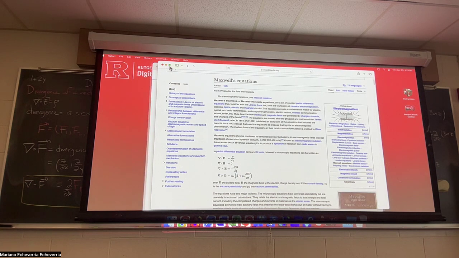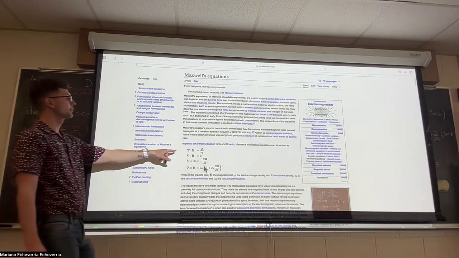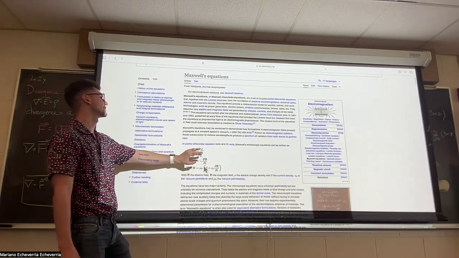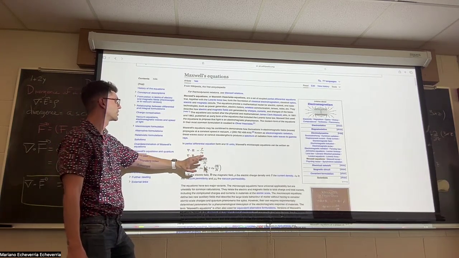There are four equations: two are for the divergence, two are for the curl. For example, you see this one says the divergence of the electric field is basically the charge density divided by a universal constant.